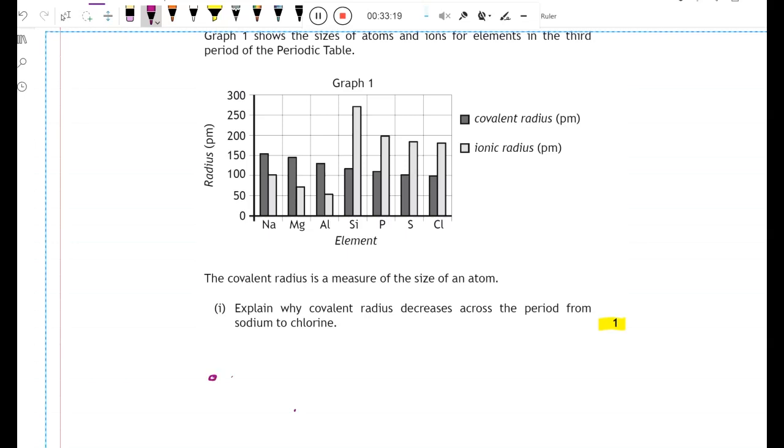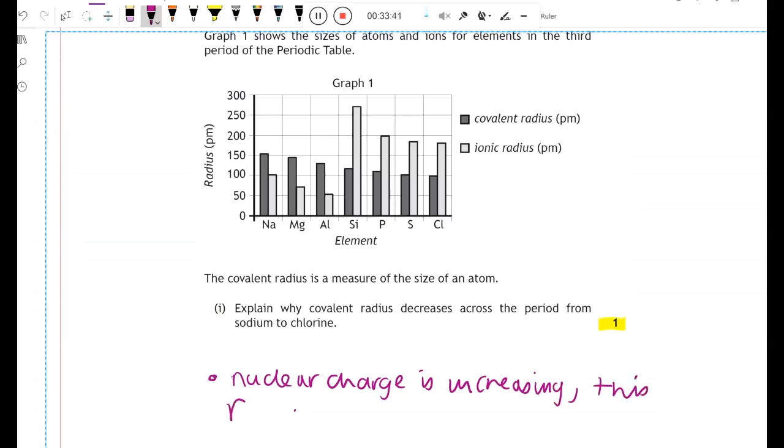So it decreases because the nuclear charge is increasing, and this pulls the electrons in closer.